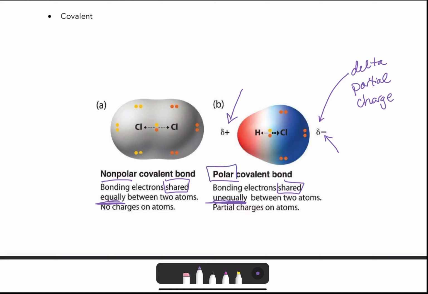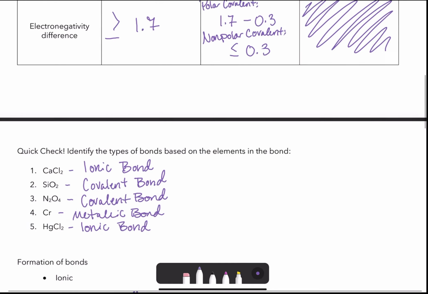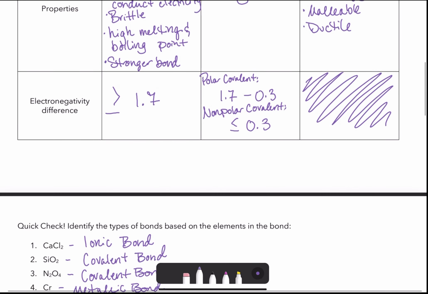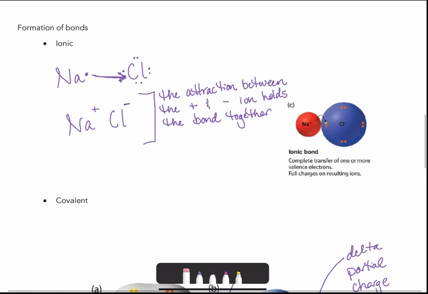So a pole is induced because of the unequal sharing of electrons. So we call this a polar covalent bond because of that. In order to tell if something is polar or nonpolar, use your electronegativity differences. We can look at the electronegativities on the periodic table, do a quick calculation. You'll learn how to do that in just a minute. And then you can tell based on that if it will form a polar or non-polar bond.